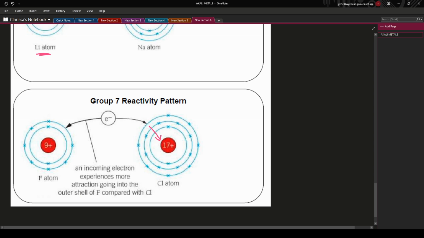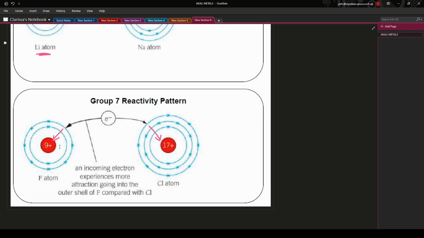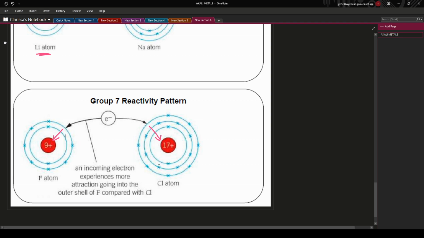But it's going to experience a greater tug to the fluorine because, number one, it's closer, and number two, there's only one shell shielding the attractive force. So it's going to be going to the fluorine rather than to the chlorine. Fluorine is smaller, it's near the top of the periodic table, so it is going to be more reactive than the chlorine is.